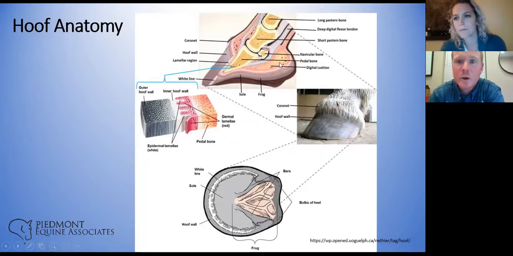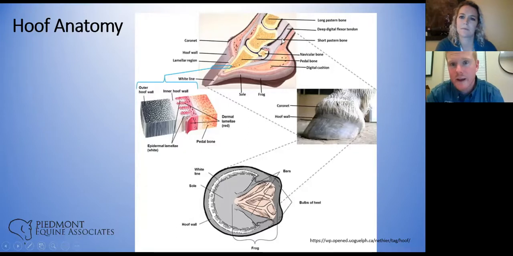The digital cushion allows their blood supply to be pumped in and out along these vessels, arteries, veins, and lymphatics, and bathe a healthier foot if they have a proper digital cushion. So it's always imperative to have a nice digital cushion or caudal heel in a horse's hoof.